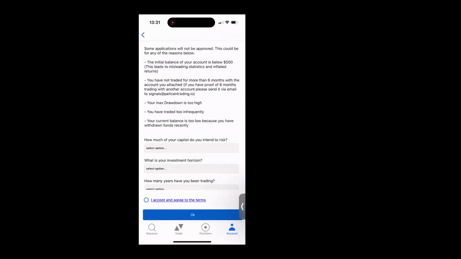It means that whenever you as a copier copy the signal provider and you have a profitable trade that surpasses the high watermark, i.e., profit on profit, a portion of that trade, anywhere between 1 to 50%, something that the signal provider chose, will be siphoned out of your account and paid to the signal provider. I should emphasize, it's only profitable trades that surpass the high watermark.